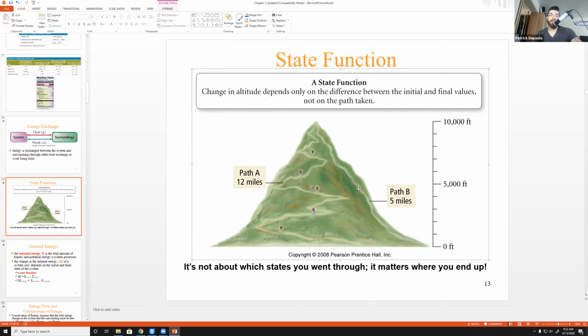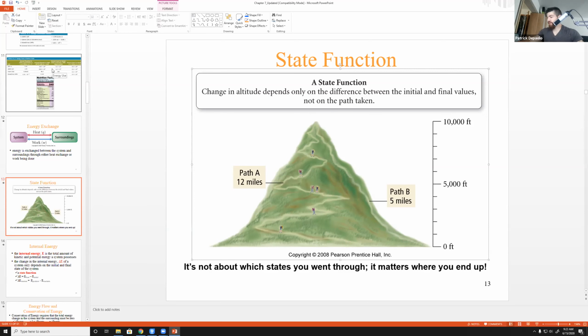But the amount of energy required to reach the top is the same. You might be inefficient and use more energy, but the amount of energy required by whoever's moving up is the same. The reason is that the heat and the work balance out.